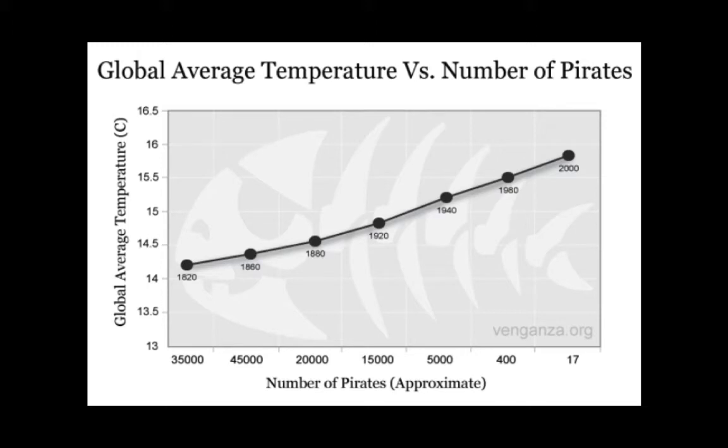There are several possible relations, one of which, of course, could be that this is coincidental, that there is no connection. Of course, there might be a connection in the sense that the global average temperature increasing might make piracy more uncomfortable. There's another explanation: it could be that the decrease in the number of pirates is due to some other factor.